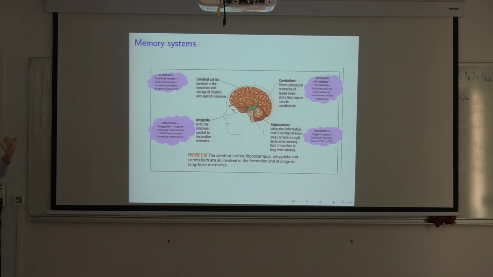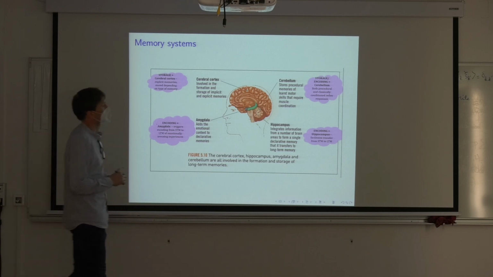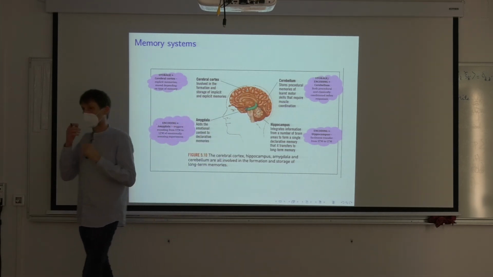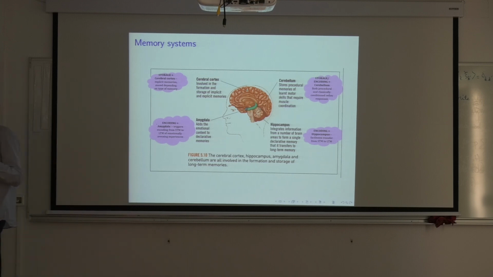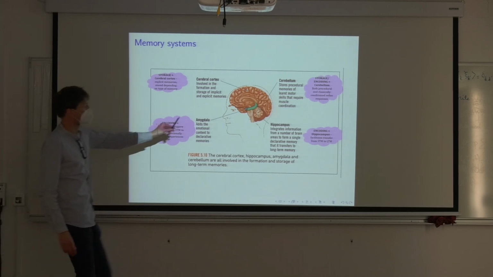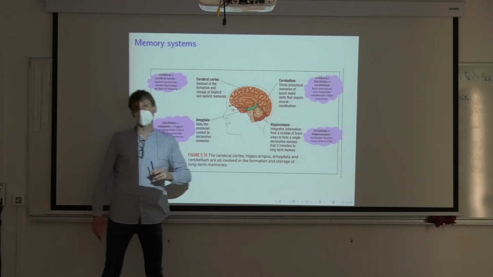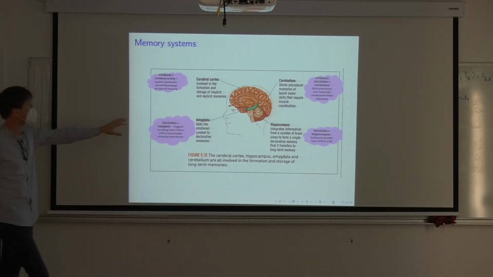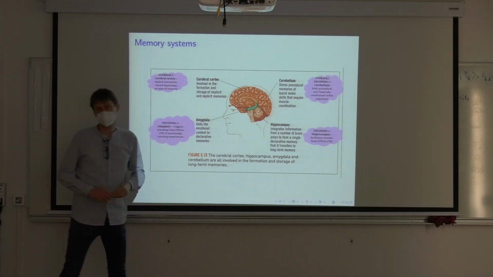So skills in general, not only motor skills. In particular, it's crucial for motor skills that require motor coordination, like when you're learning to play piano, for instance, or riding a bike, so you need to coordinate different things in the cerebellum. I will come back briefly to the cerebellum in the last lecture, but I will be focusing mostly on what happens in the cerebral cortex.